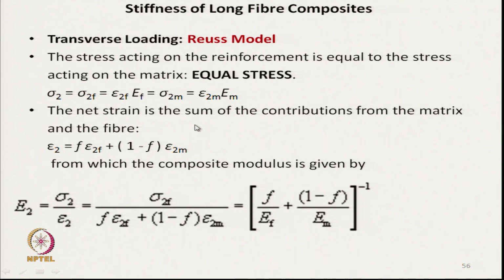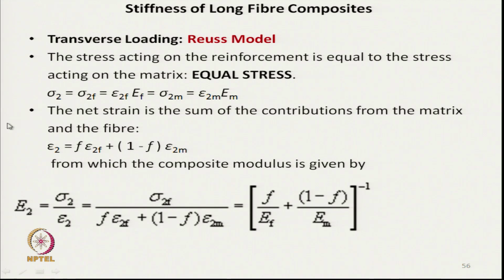From here we can derive that elongation is in proportion to the volume fraction of matrix and fiber. So, the net strain is the sum of the contributions of the matrix and the fiber.